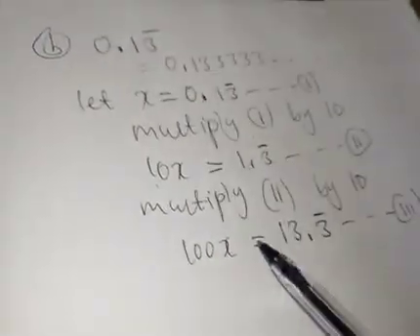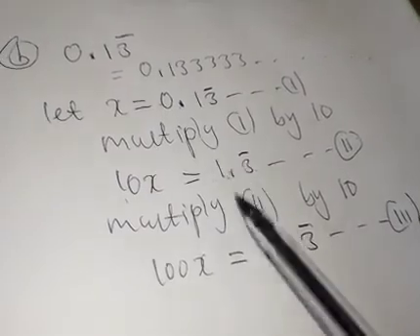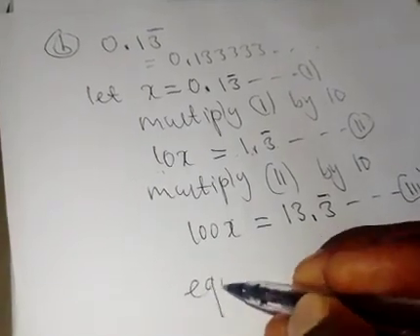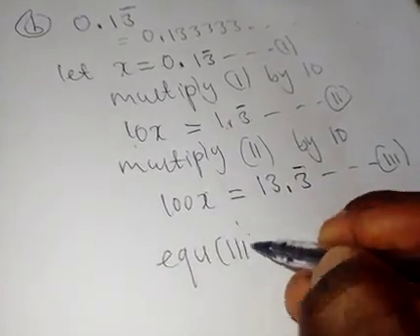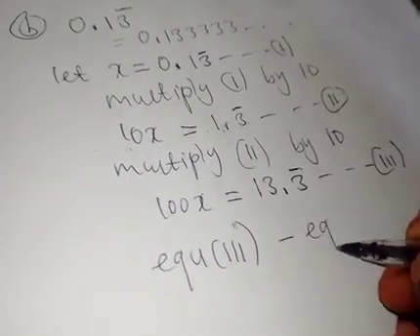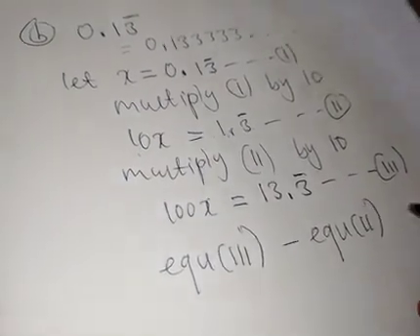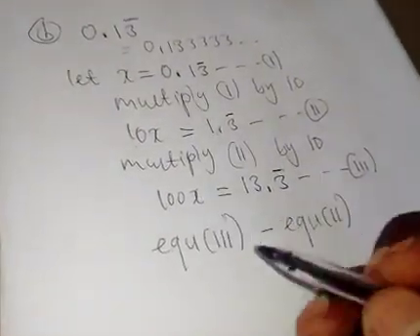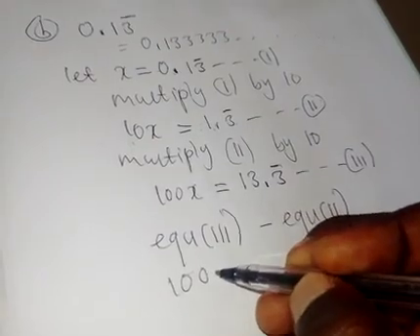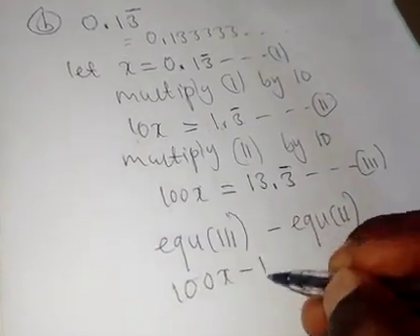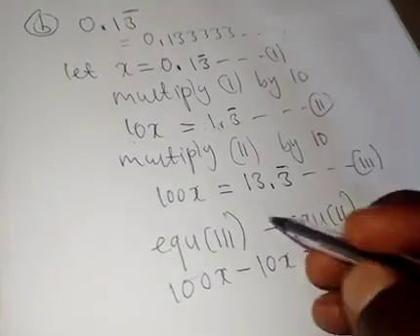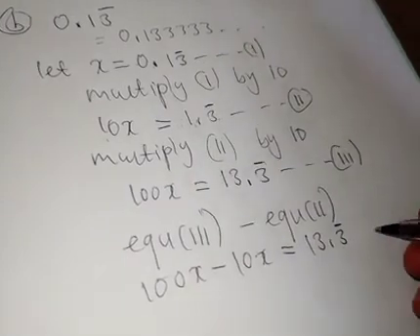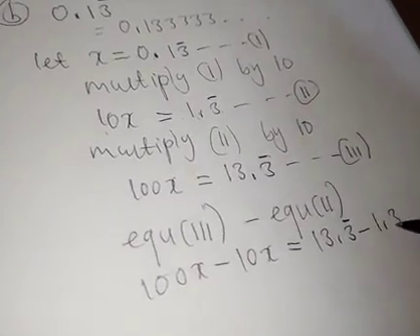After that, just subtract these two equations. So equation 3 minus equation 2. For equation 3 we have 100x minus 10x, which should be equal to 13.3 with the bar minus 1.3 with the bar.